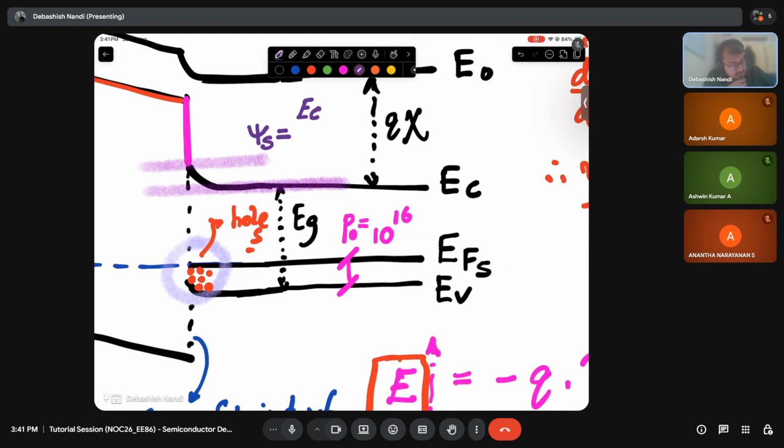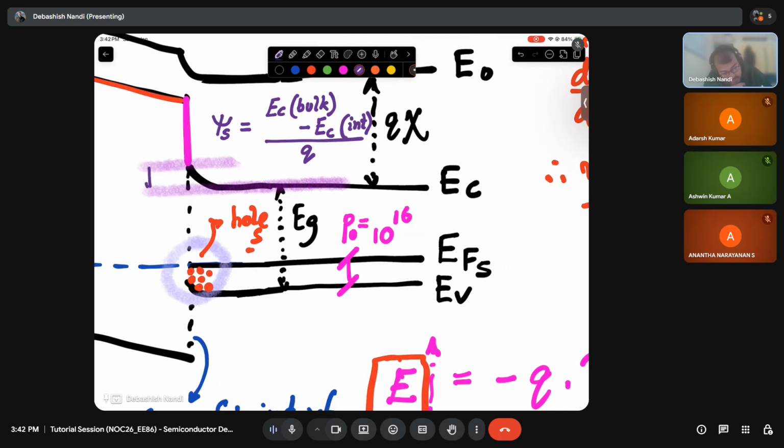We define psi s equal to EC bulk minus EC interface, divided by Q. So this becomes Q times surface potential.